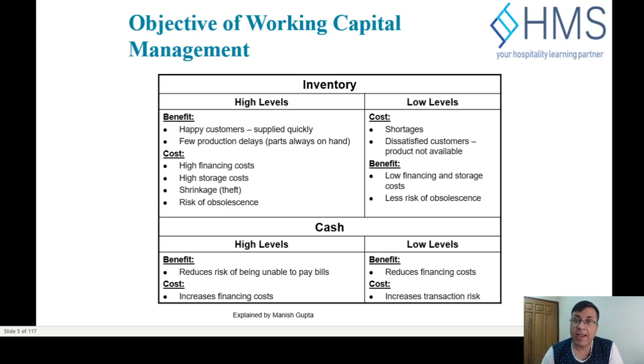Now you have cash. A high level of cash definitely gives a sense of security that we have enough money, and it gives confidence to suppliers and to people at large, employees, that we are cash rich, we don't have to worry about anything. But high cash comes at a high cost of return.